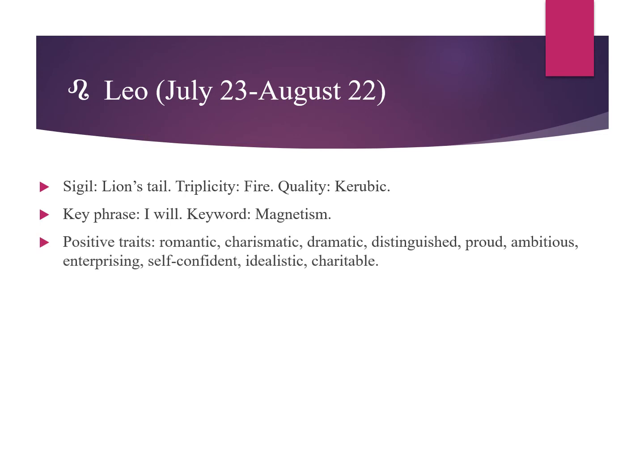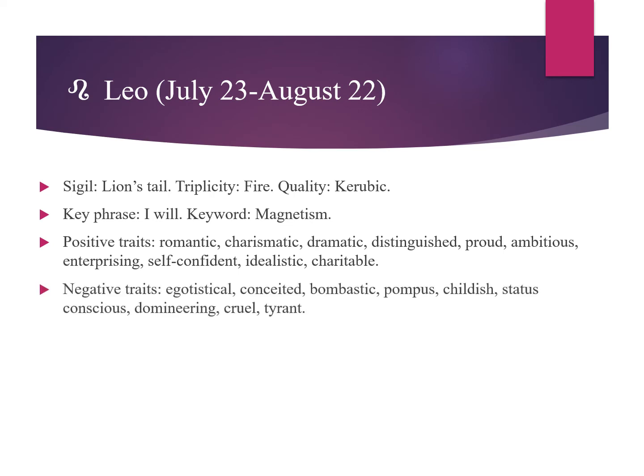Positive traits include romantic, charismatic, dramatic, distinguished, proud, ambitious, enterprising, self-confident, idealistic, and charitable. Its negative traits include being egotistical, conceited, bombastic, pompous, childish, status conscious, domineering, cruel, and being a tyrant.